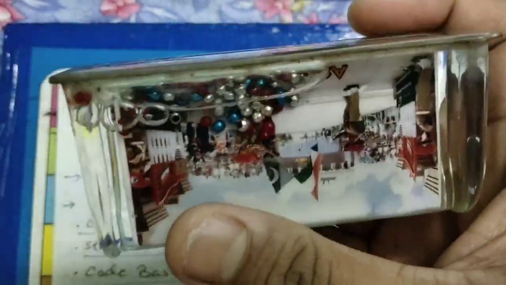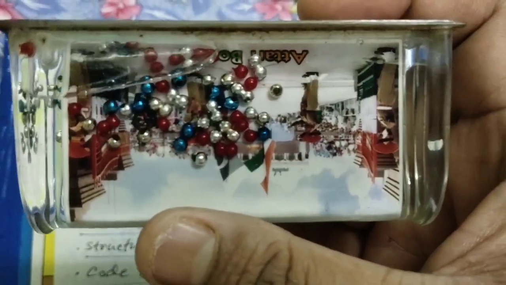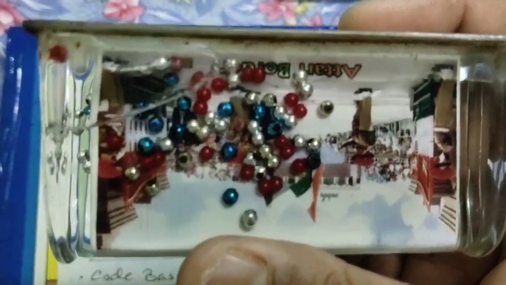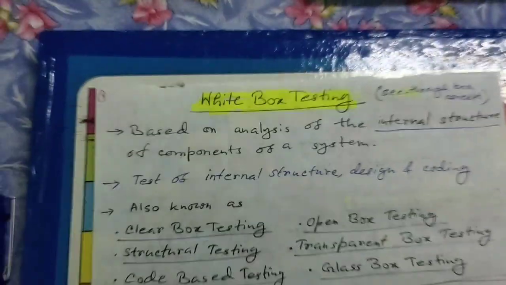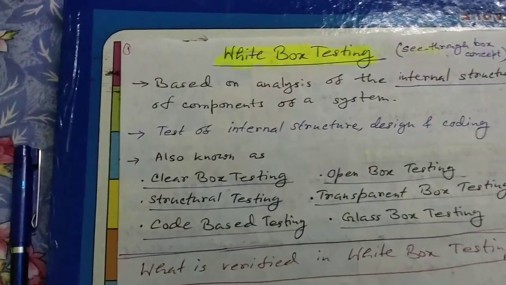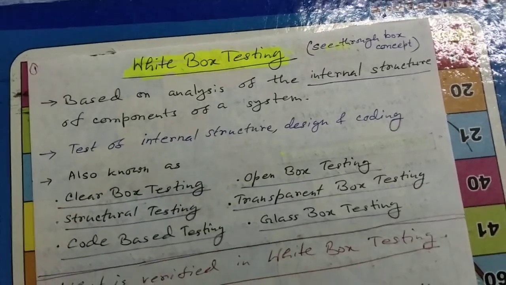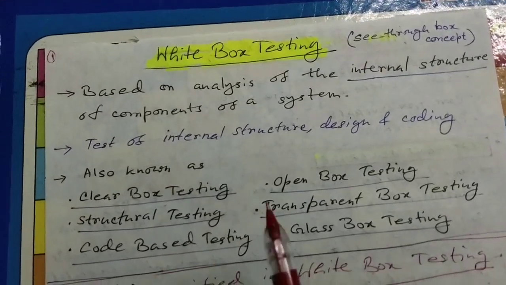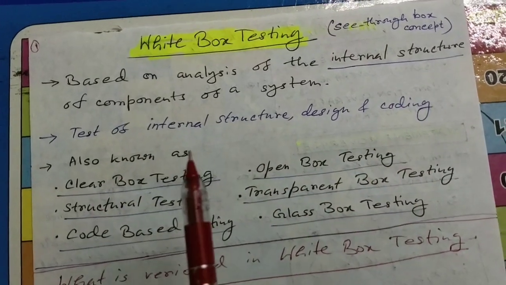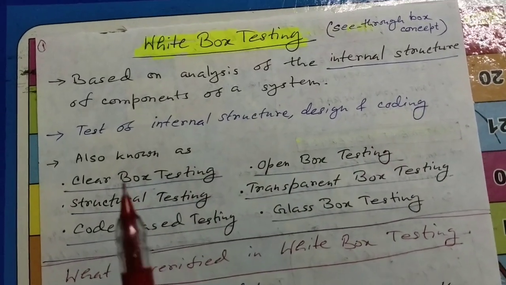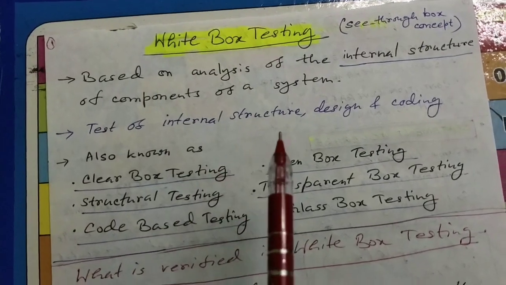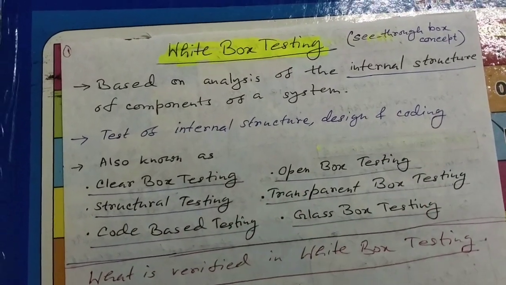So like this, the testing team will have the knowledge of the inside architecture, or the structure or the design, and the coding also, so they can verify each of them. So white box testing is based on analysis of the internal structure or component of a system, or we can say that this is a test of internal structure, design and coding, right?